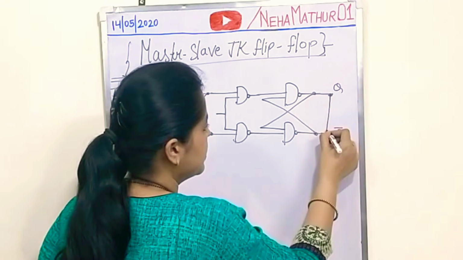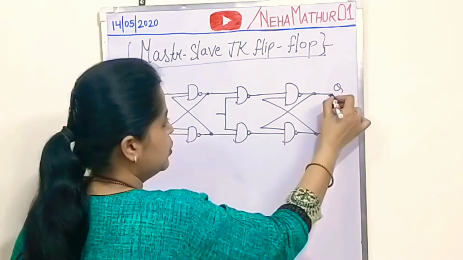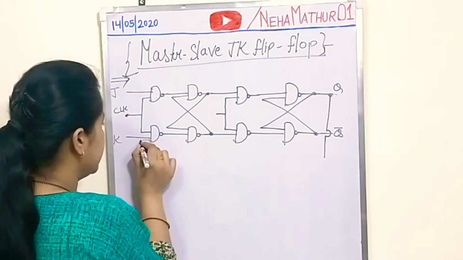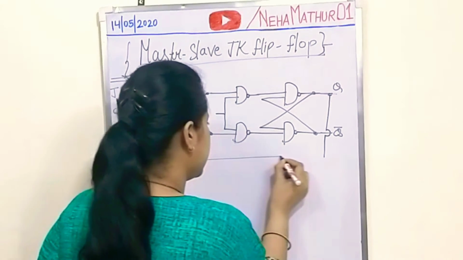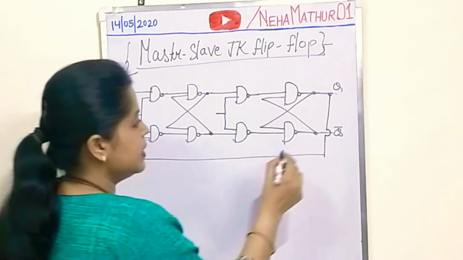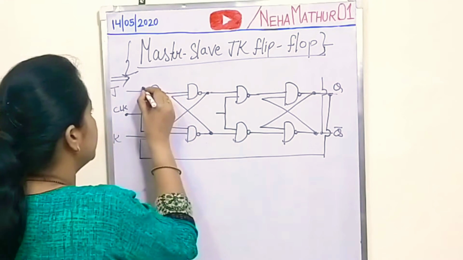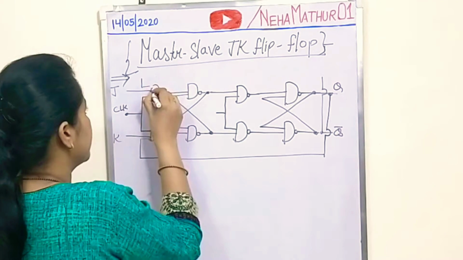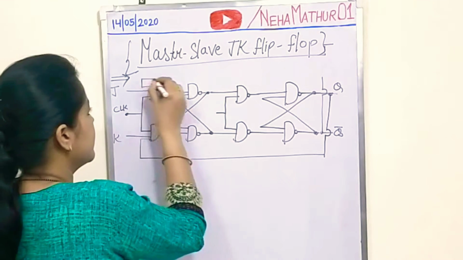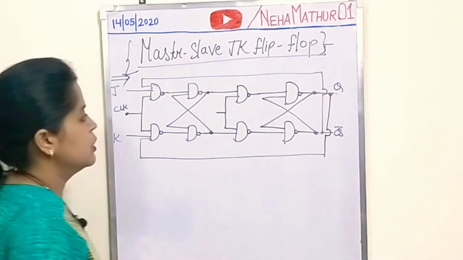Here your Q is connected with your main input like this. Similarly, Q bar is also connected with the main input like this.